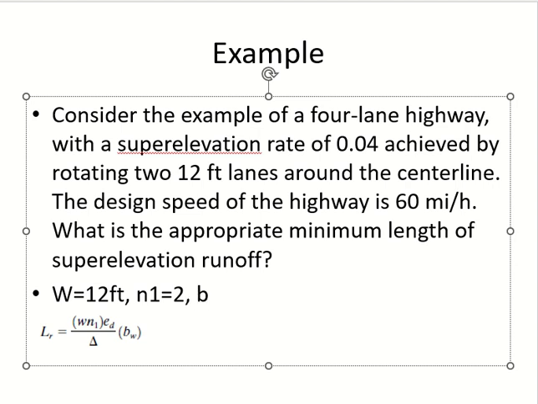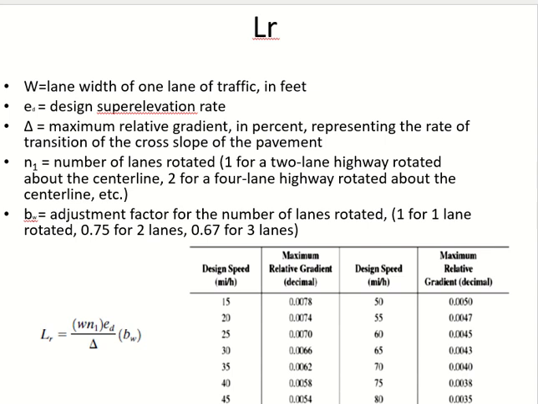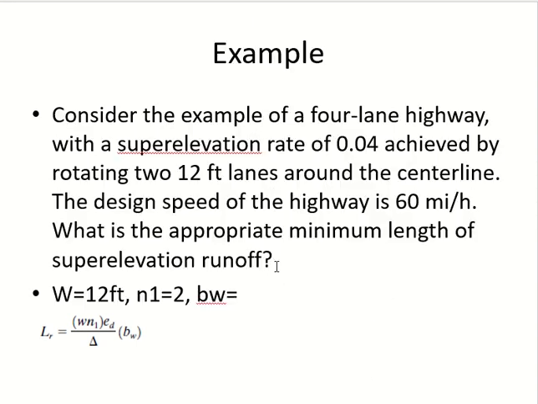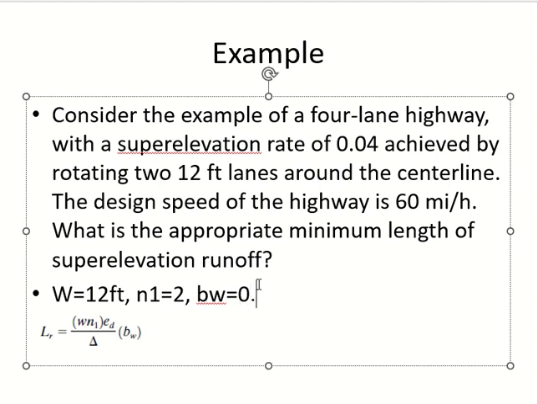BW, ED is given. Okay, second line. So BW depends upon N1. Okay, so if N1 is 2, then BW is computed, and then we have the delta. Delta depends upon the design speed.